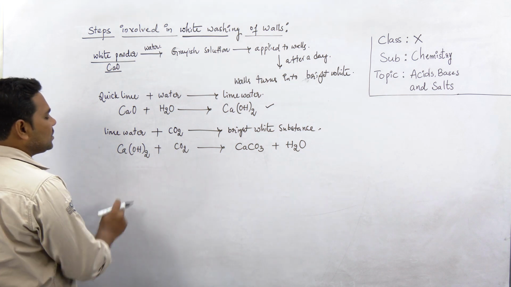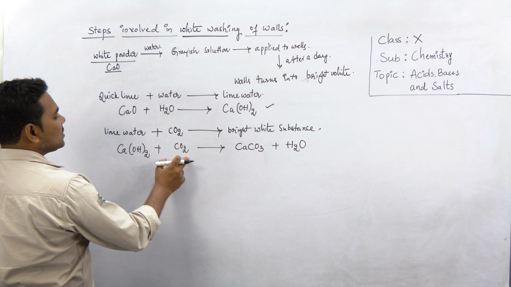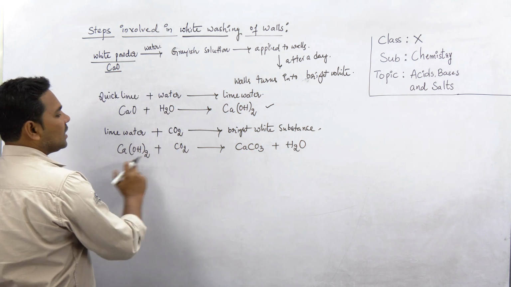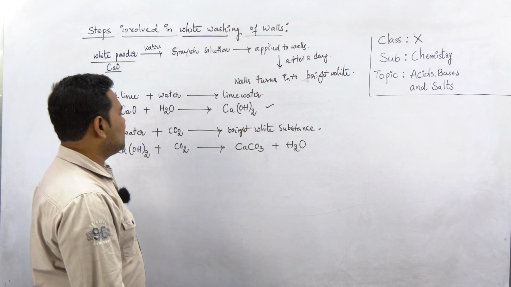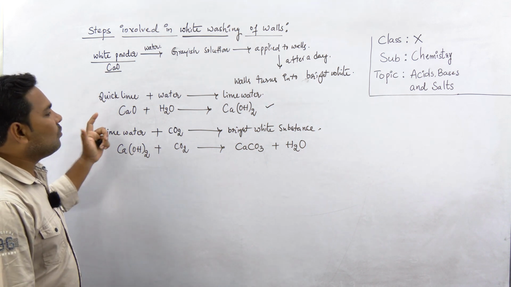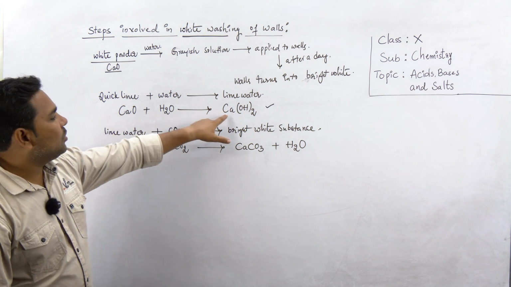Let us balance this equation. 1 calcium, 1 calcium, 2 hydrogens, 2 hydrogens, 2 oxygens plus 2 gives 4 oxygens on the left, and 3 plus 1 gives 4 on the right. 1 carbon, 1 carbon, calcium, calcium. It is also balanced. Is it clear? These are the 2 steps involved in whitewashing the walls. One, quicklime is dissolved in water to produce lime water.